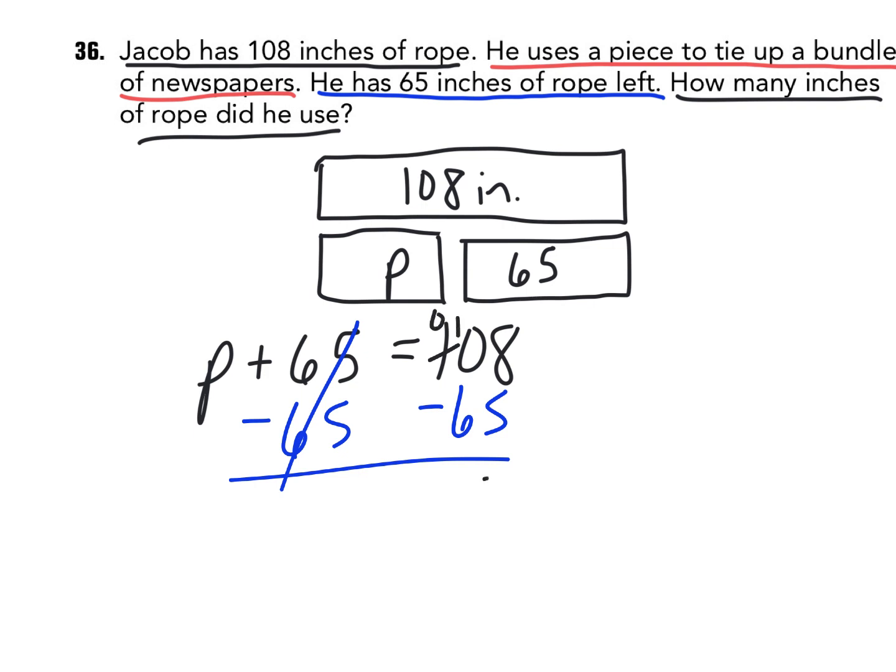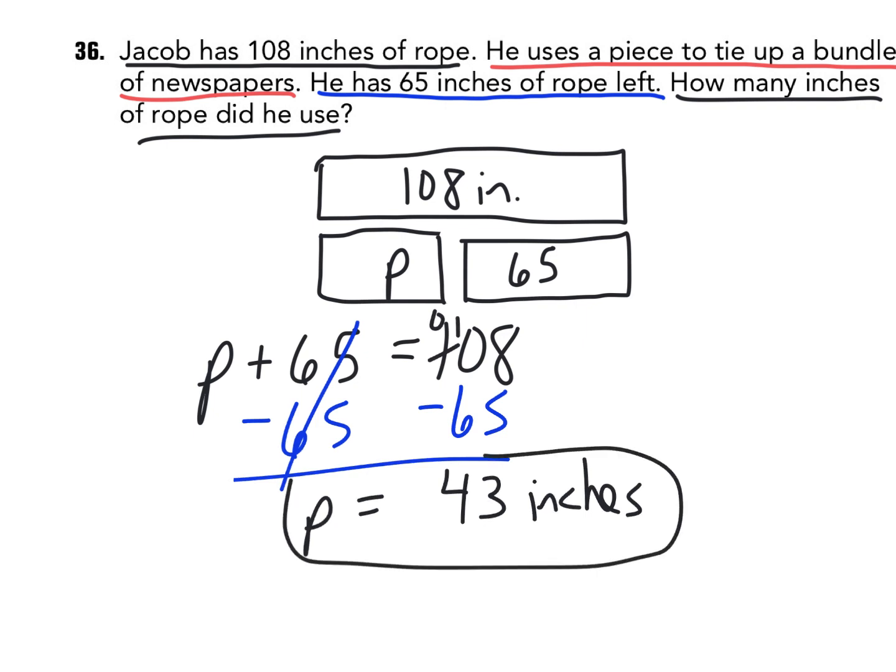Sorry, 8 minus 5 is 3, but then borrow. 10 minus 6 is 4. So that piece would be 43 inches. And once again, once you get that answer, you can just verify that that makes sense. We had a 43-inch piece, 65 inches left. Those two added together equal 108 inches.